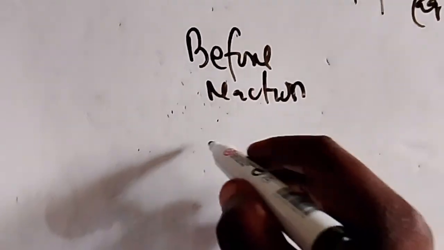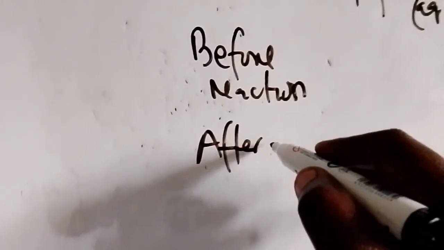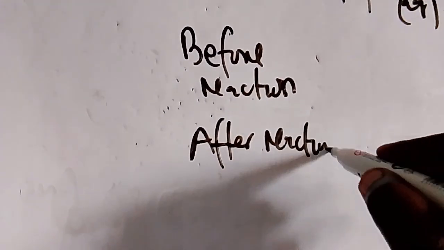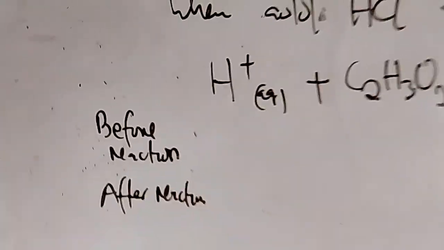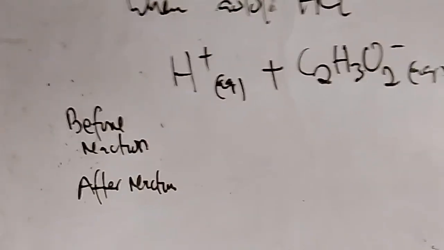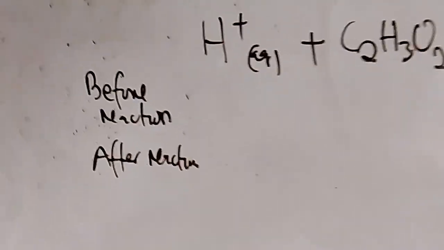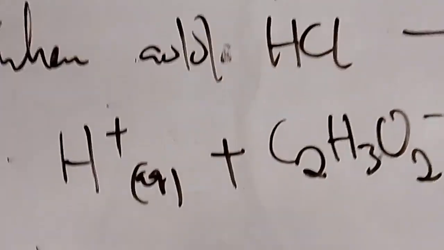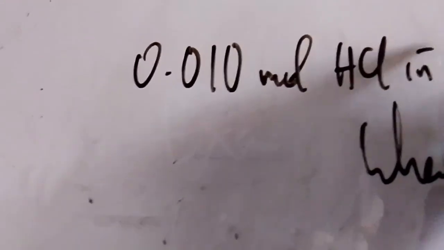Before the reaction, we are adding 0.010 mole of HCl in 1.0 liter.